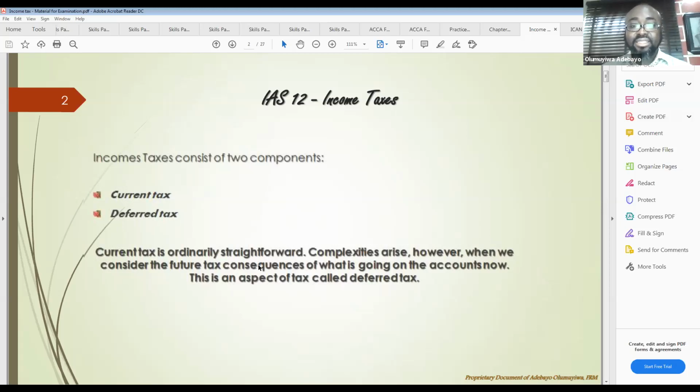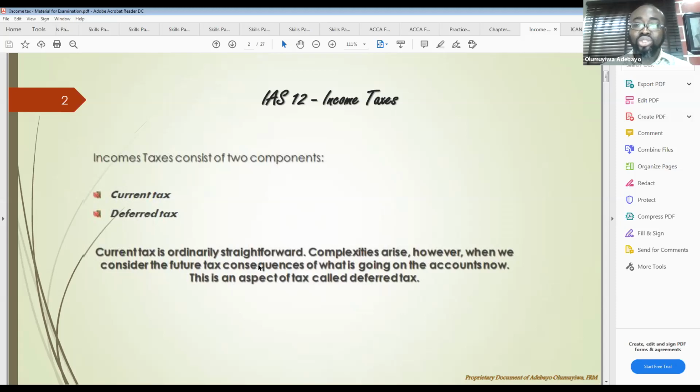Deferred tax is a portion of the income tax that is not recognized by current tax. Deferred tax thereby represents the future tax consequences that have not been captured by current tax. By the time we move on, we'll be able to demystify what deferred tax really means.